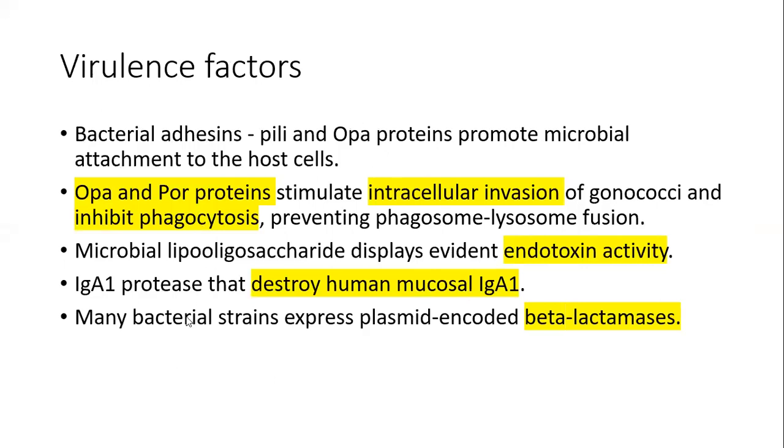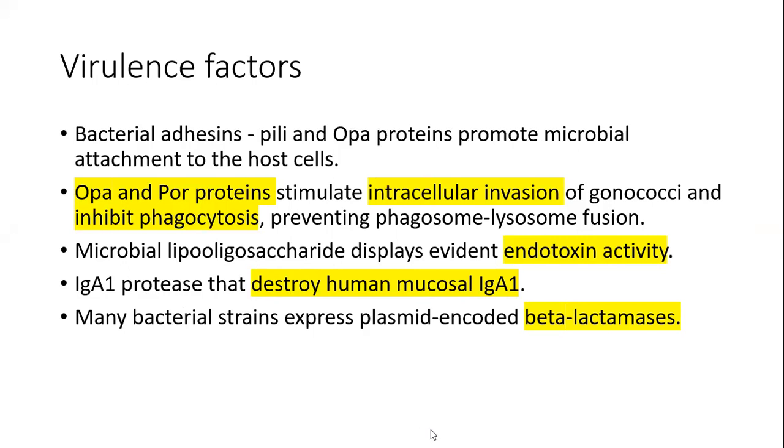They also have proteins which cause intracellular invasion, and intracellular invasion usually occurs in phagocytic cells. They can invade the phagocytic cell and prevent phagocytosis. They can multiply inside the phagocytic cell.